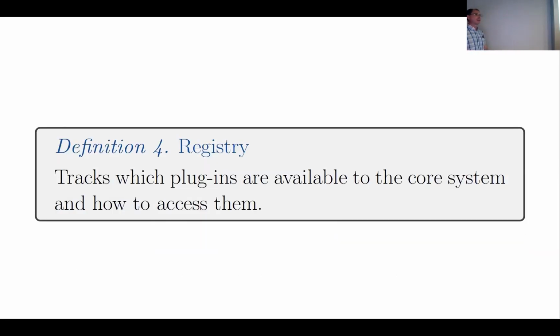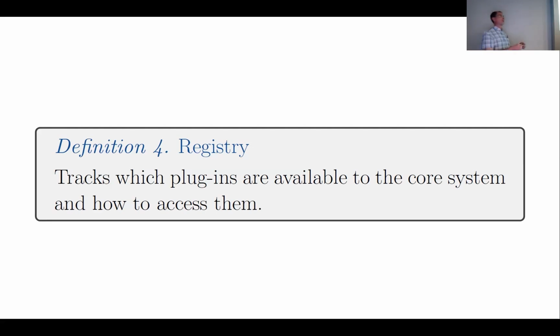Oh, and one other thing, which doesn't appear in a nice simple architectural diagram, is that we need to know what these plugins are. So the core system needs to know what plugins are there, so we can actually use them. And so that's this registry. The registry keeps track of what plugins are available to the core system, because a key aspect of this microkernel architecture is it's composable.